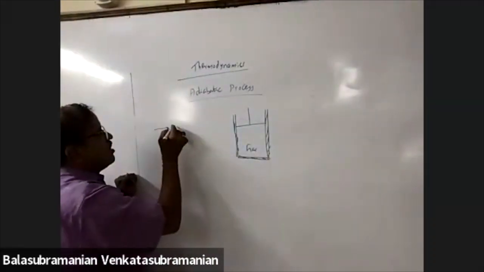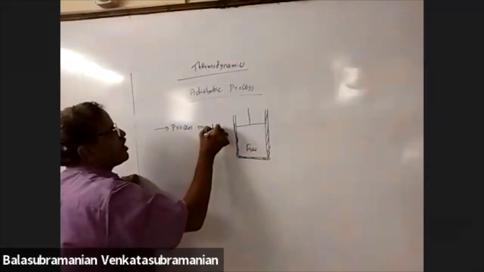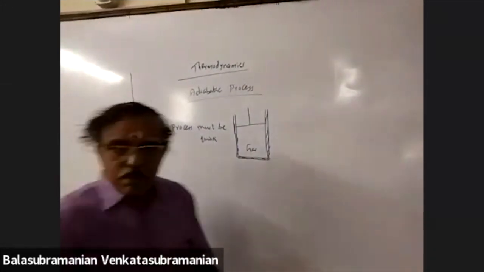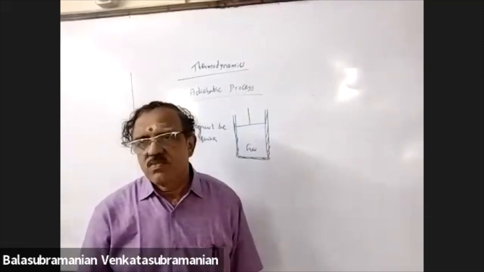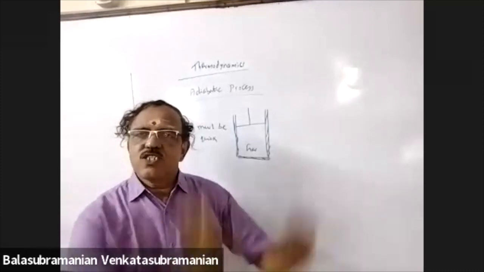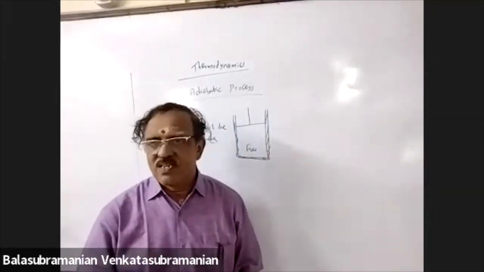So, two conditions for adiabatic process. The process must be quick. You compress the gas very fast, or you allow the gas to expand, the gas pushing the piston upwards at maximum speed.